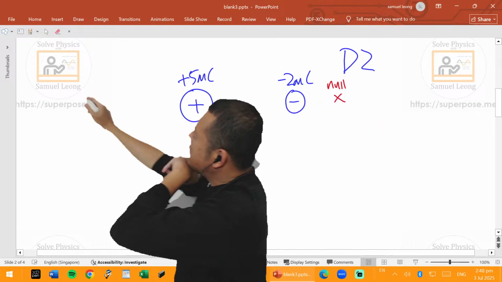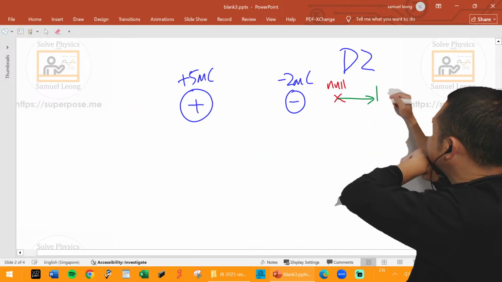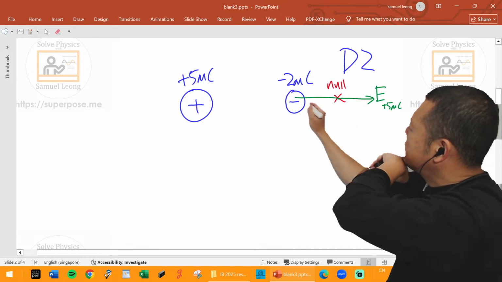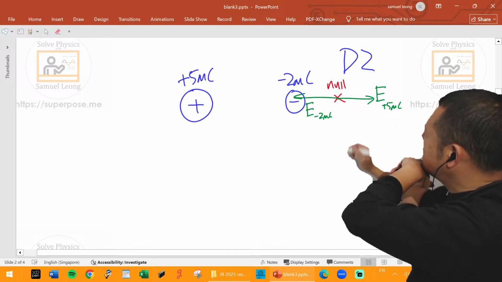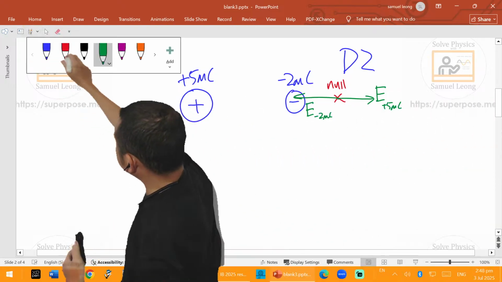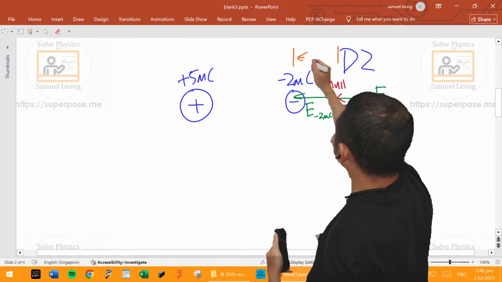It's the null point because the E field strength from the 5 is pointing this way. This is the E field strength of the plus 5 microcoulomb. And the E field strength of the minus 2 is pointing that way. So that's the E field strength of the minus 2 microcoulombs. And then sometimes we are asked to find the distance, right? Like we have to find what's the distance between here and here, this distance here. Am I right?